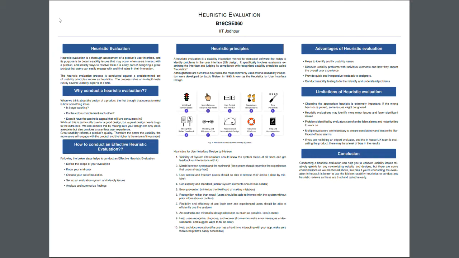It specifically involves evaluators examining the interface and judging it based on the usability principles, which are called heuristics. We have several heuristics, but the one developed by Jakob Nielsen is very famous. That is heuristics for user interface design.